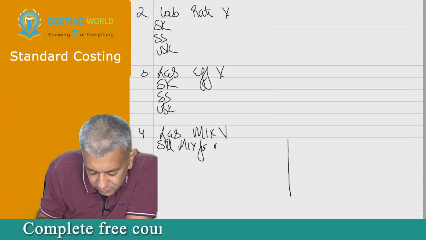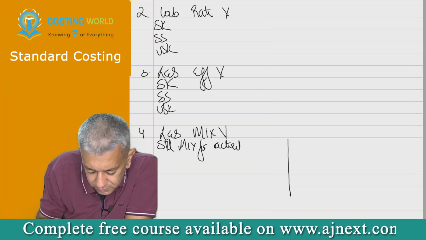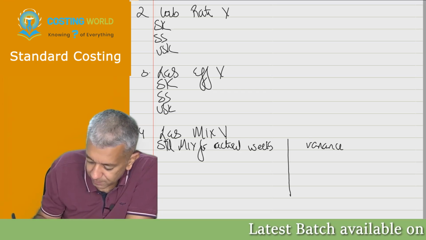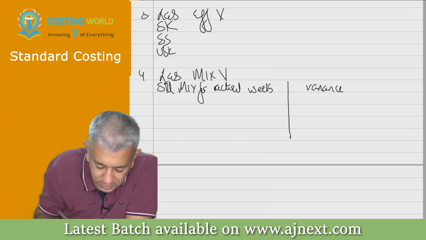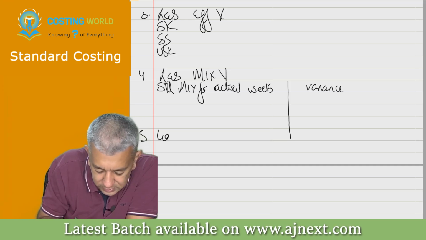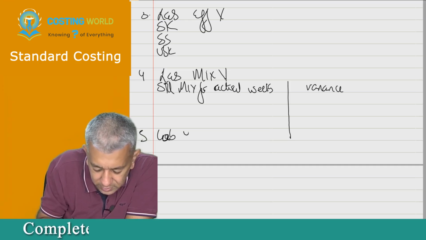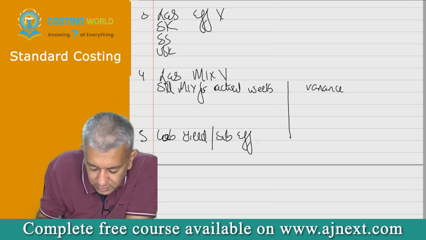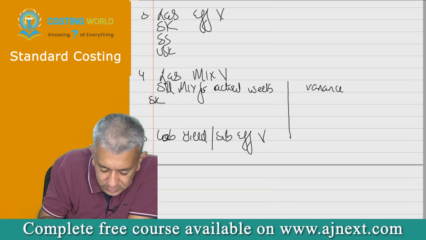Standard mix for actual weeks and variance. And then your last variance, labor yield and sub-efficiency variance.